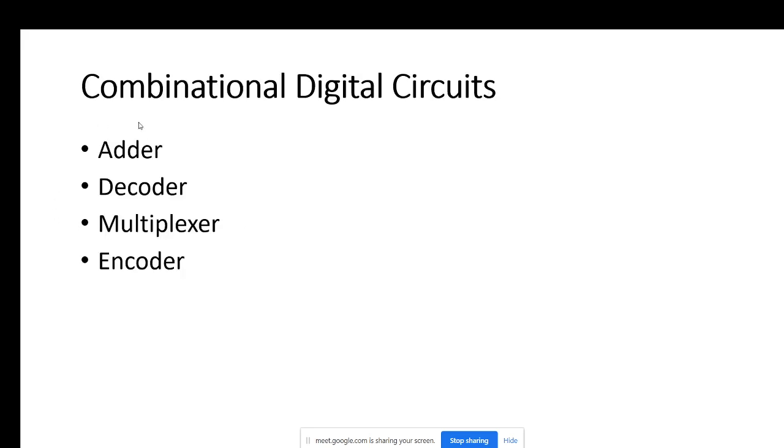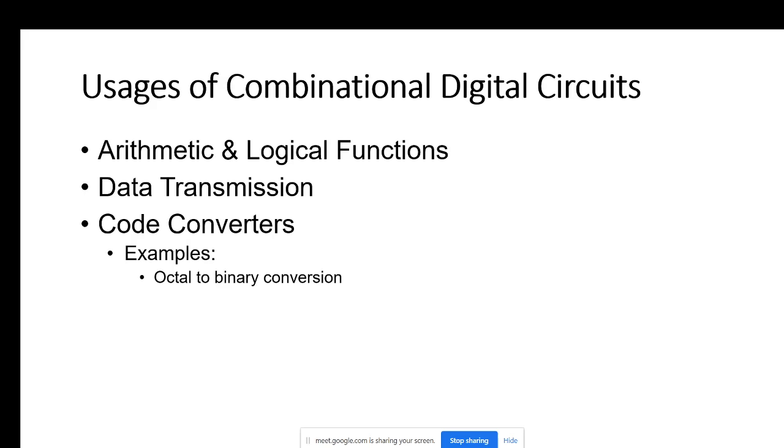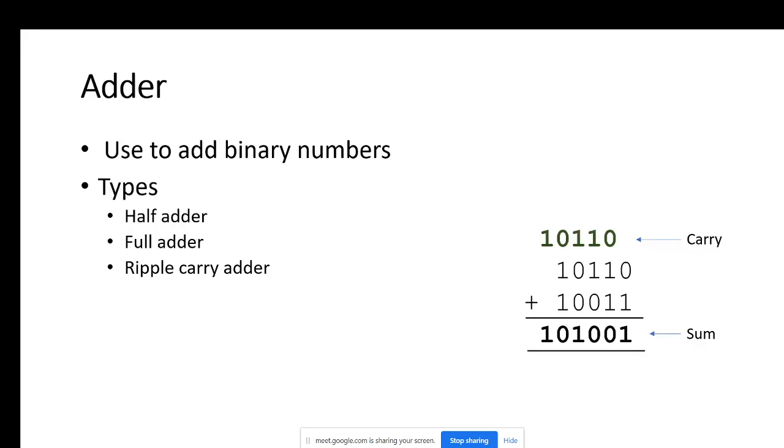We are going to discuss these four types of components: adder, decoder, multiplexer, and encoder. So let's take them one by one. There are different usages. We'll come back to the usages later, but we'll take them one by one without wasting any time.